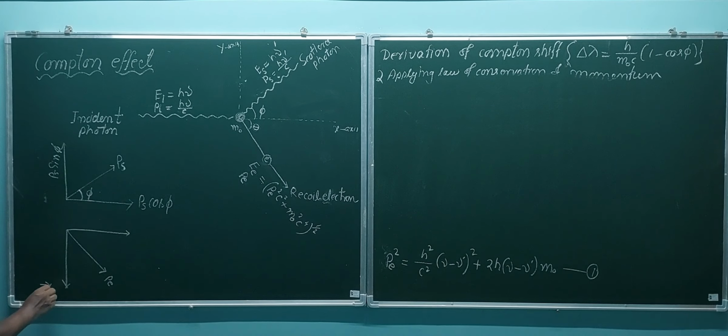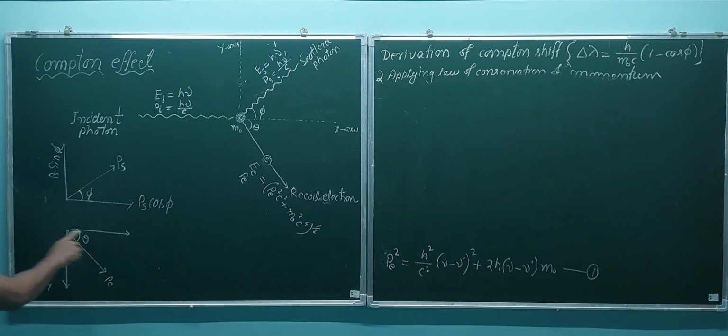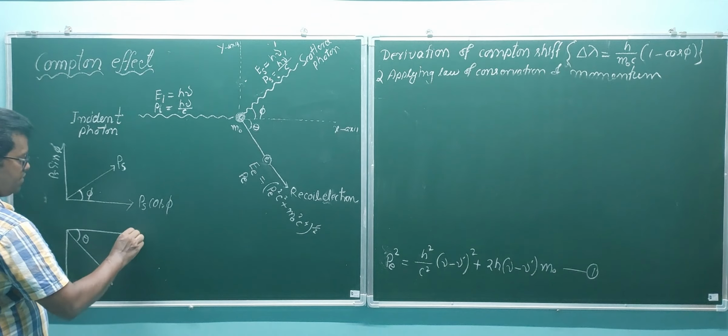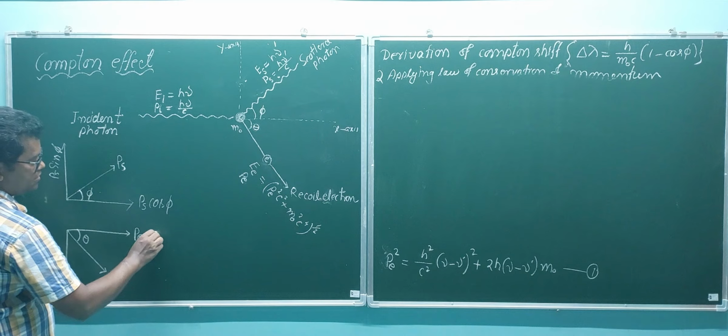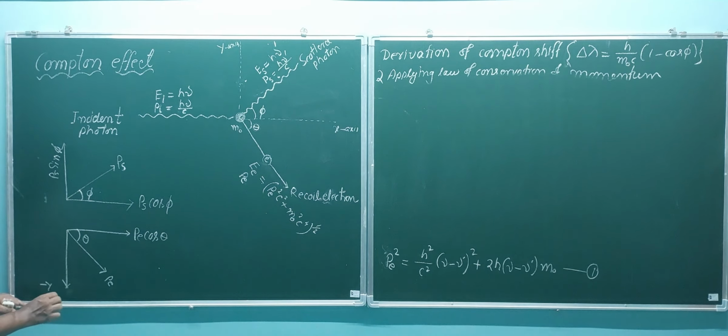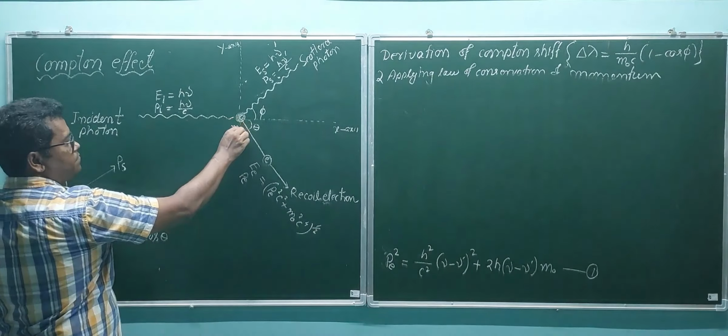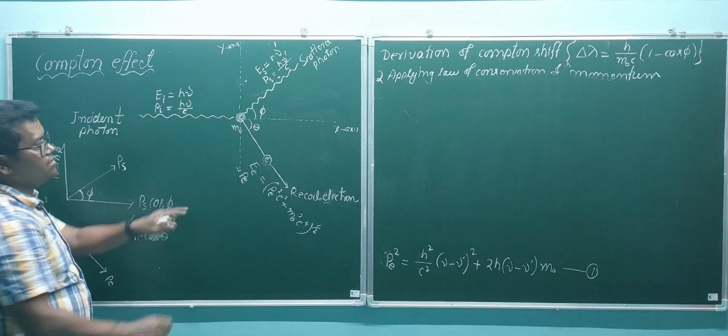This is our theta. So this component is Pe cos theta, and this is minus Pe sin theta.